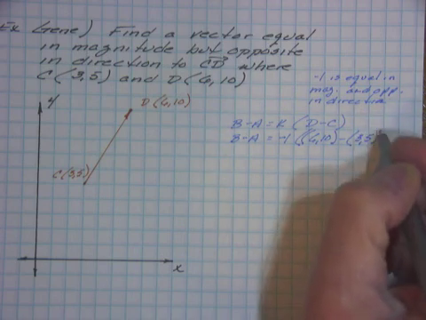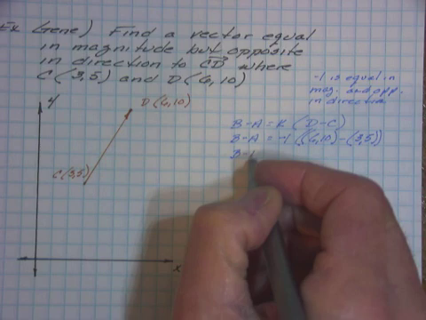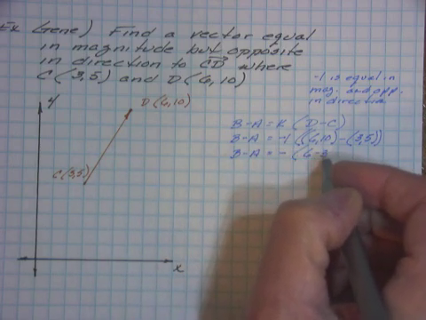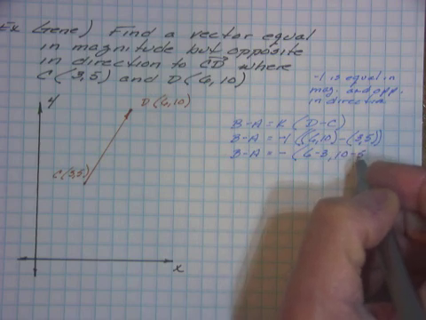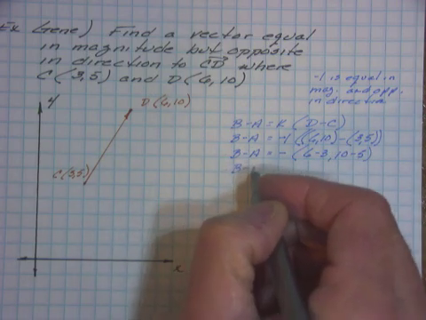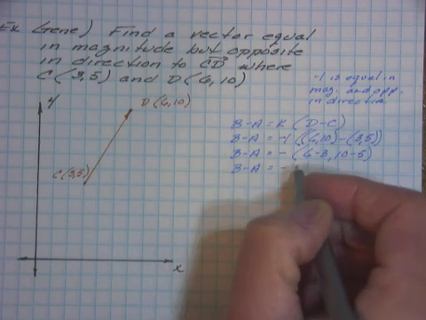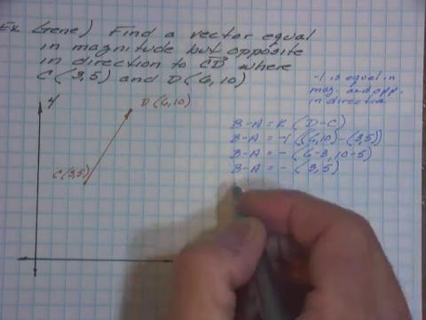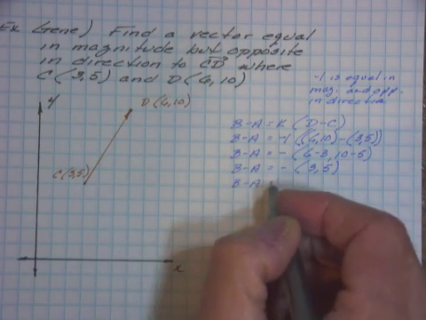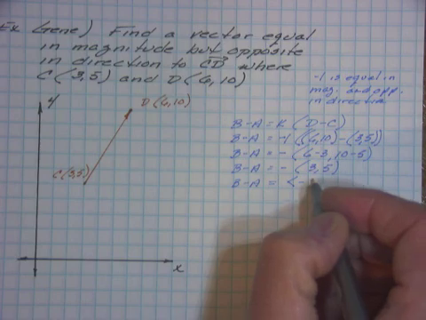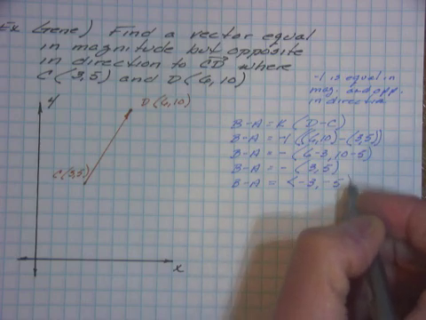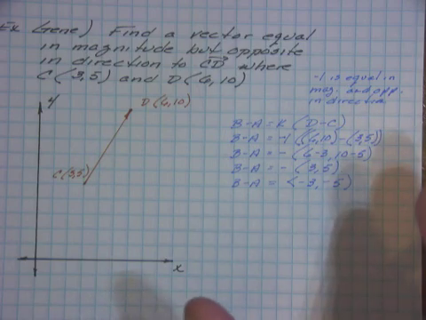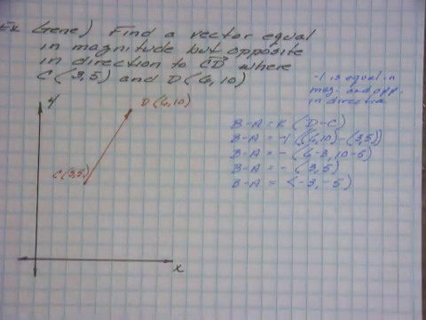And we've got D, which is at 6, 10, minus C, which is at 3, 5. So B minus A equals -1 times 6 minus 3, 10 minus 5. So B minus A equals -3, -5. All right? Or B minus A equals the vector -3, -5.